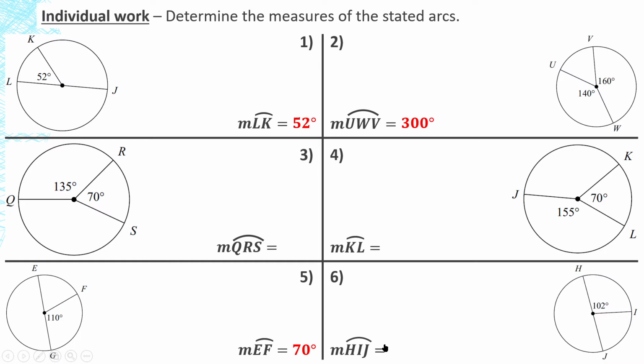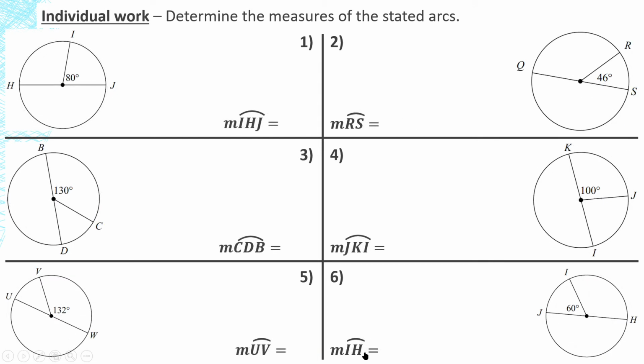This last one, HIJ: if we assume this is a diameter from H to I to J, we don't even have to do any math there. 180. Little common sense. I think that pretty much covers this section, so let's move on to the next portion.